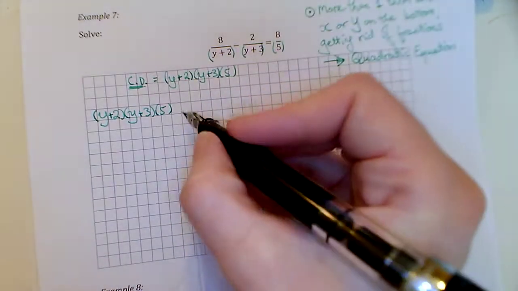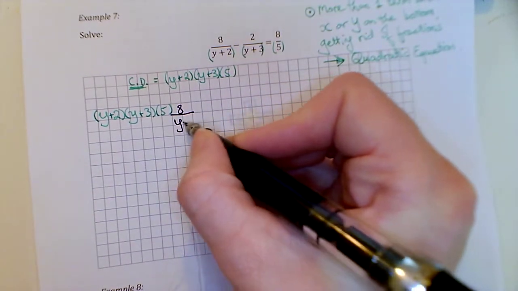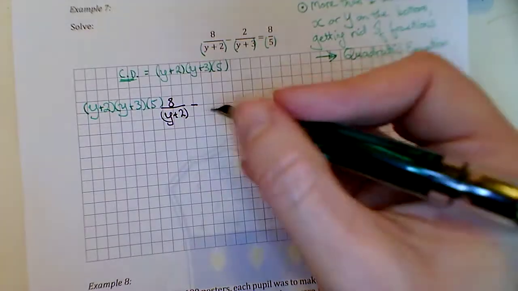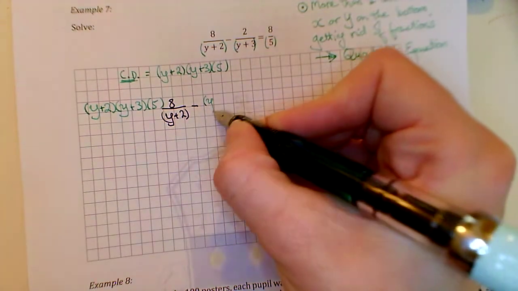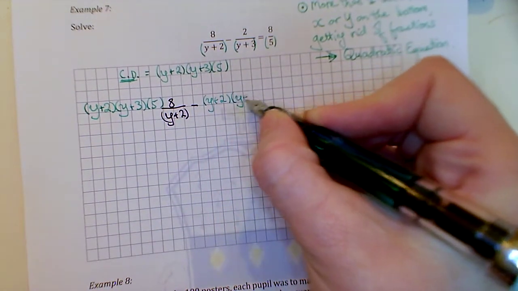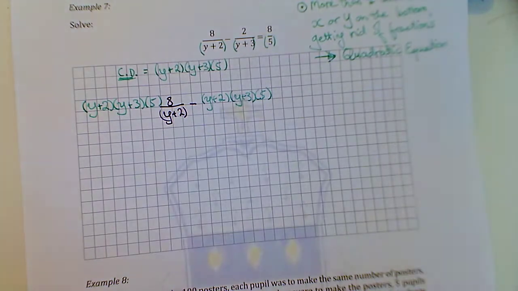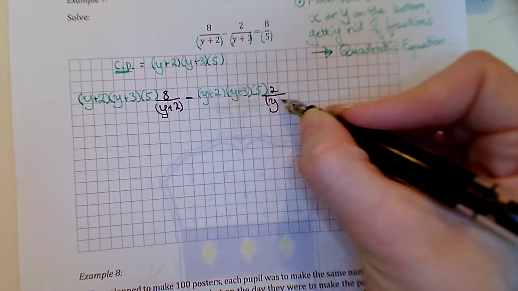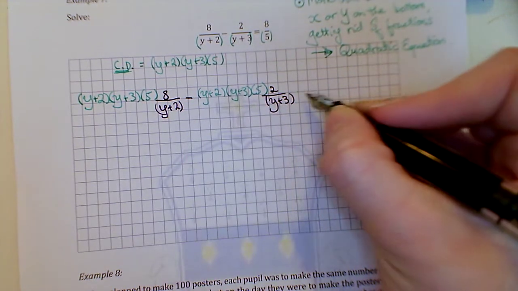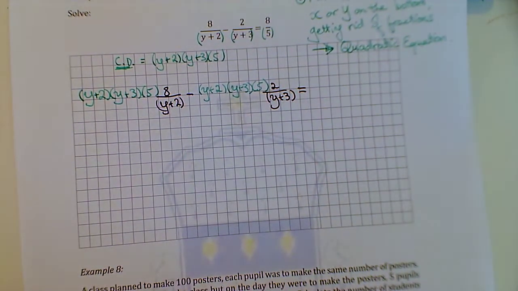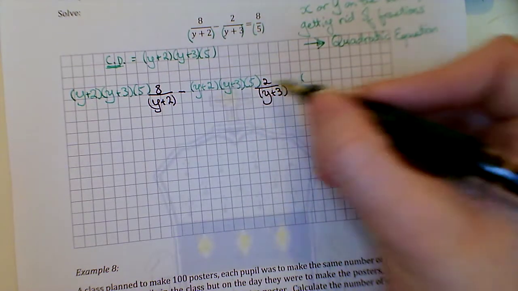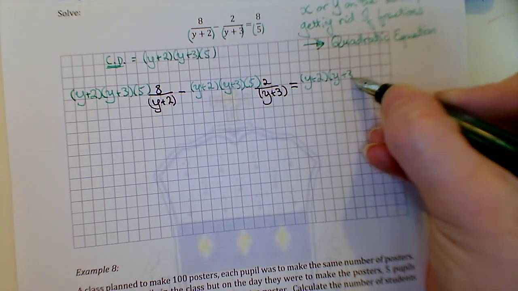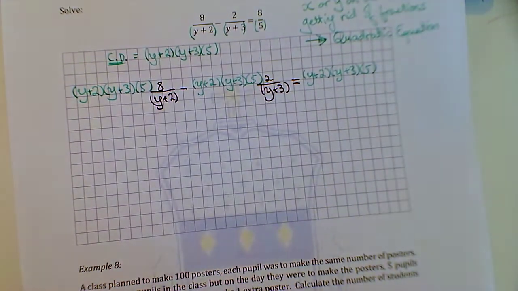So I'm multiplying 8 over y plus 2 by that, minus y plus 2 by y plus 3 by 5 by 2 over y plus 3 equals, and you can do your multiplication either side of it, y plus 2 by y plus 3 by 5 by 8 over 5.